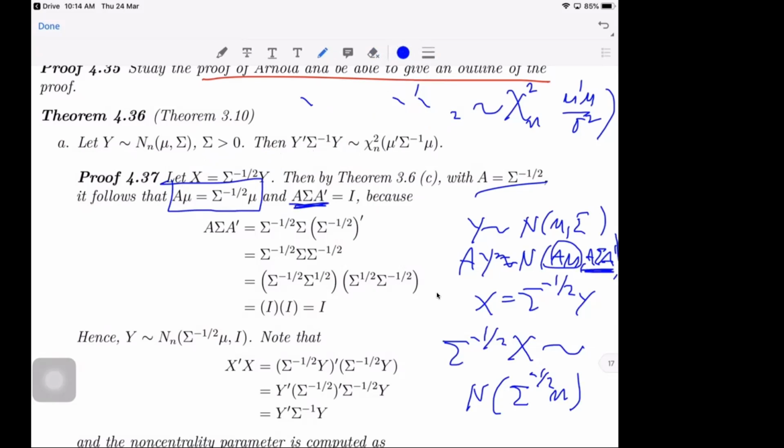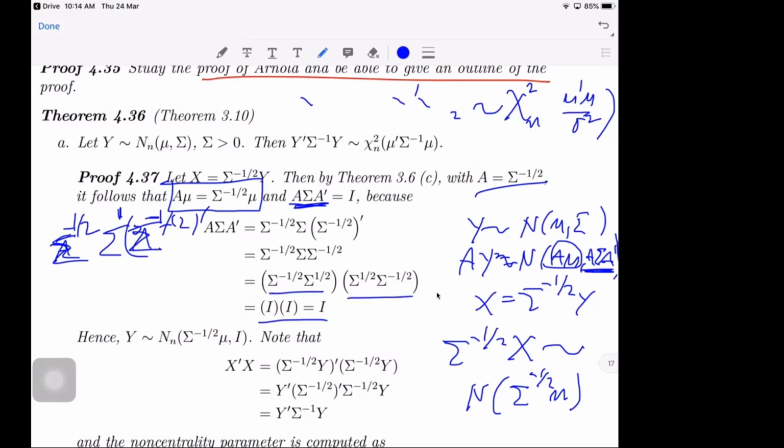Why? Because our A is sigma raised to the negative 1/2, and then our A prime is sigma raised to the negative 1/2 prime, but that is still raised to the negative 1/2 anyway. So what you will have is sigma raised to the negative 1/2 plus negative 1/2, which is negative 1. So you will have the identity, no?